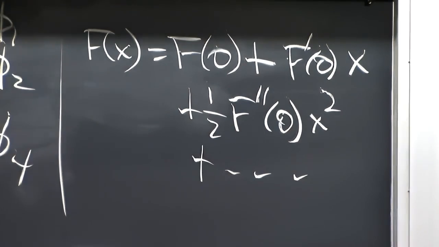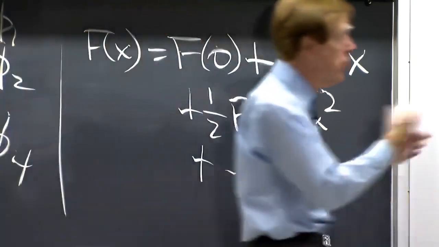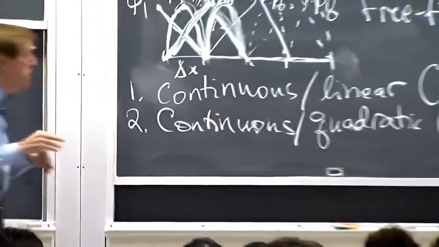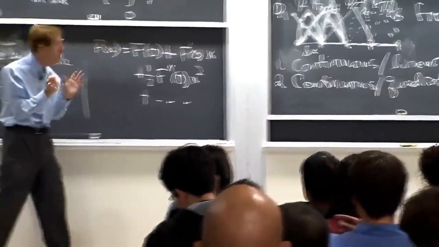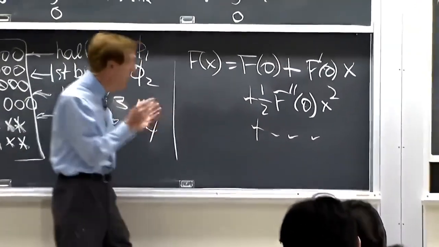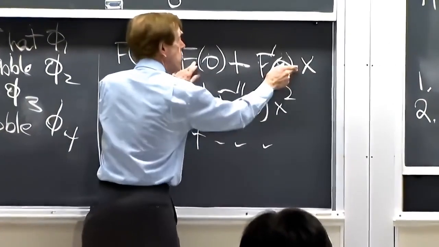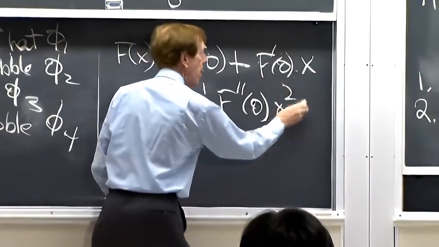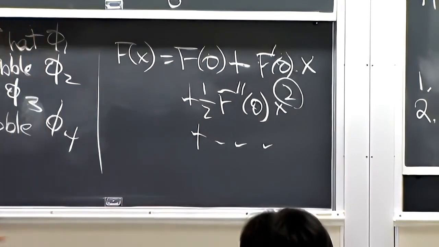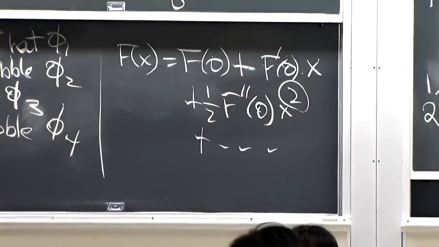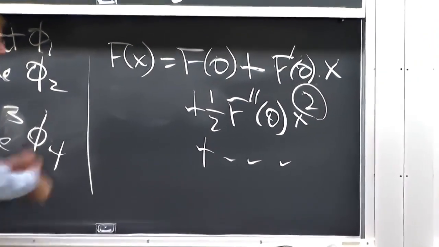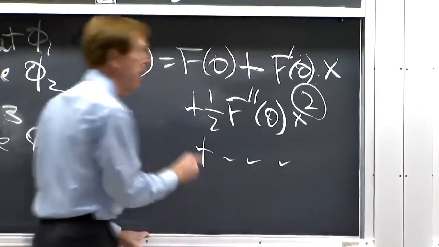And the point is that if my functions include linear functions, which the hats did, they will be able to get these terms right, and this will be the error that I miss. I'm just looking to see what's the first term in the Taylor series that I will not get. If I only have hat functions, I can't get an x squared.